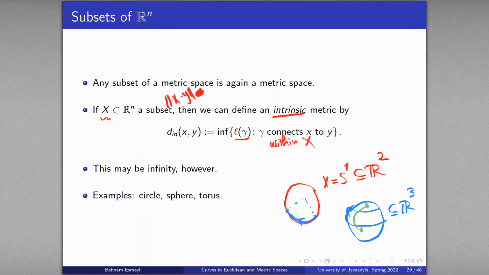In this case, it turns out that the shortest curves connecting 2 points are those that are parts of the great circles, the largest circles sitting inside the sphere, and you pick the shorter of the arcs that connect them. And given any 2 points, there is a unique great circle that goes through them.